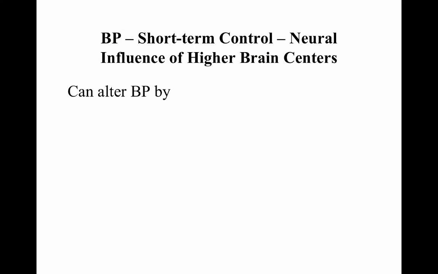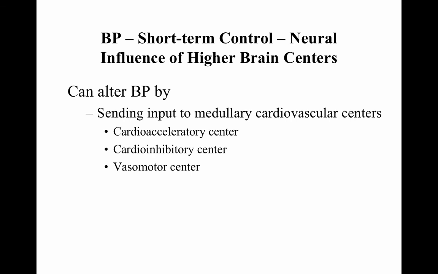The short-term control of blood pressure, again, neural influence of higher brain centers, can alter the blood pressure by sending input to those medullary cardiovascular centers in the medulla oblongata, like the cardioacceleratory center, the cardioinhibitory center, and the vasomotor center.